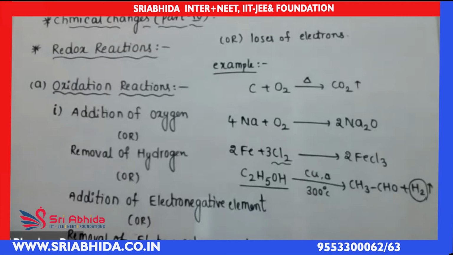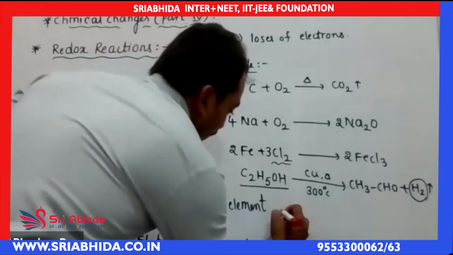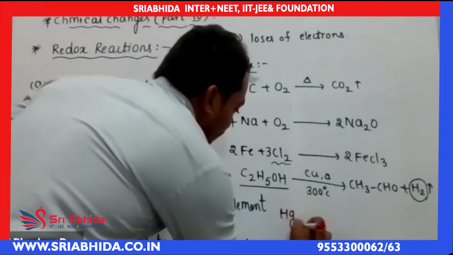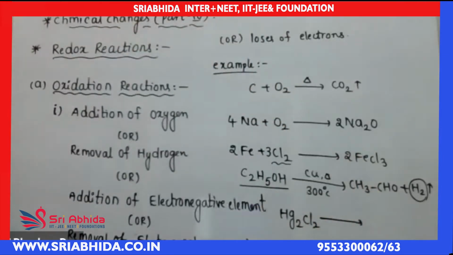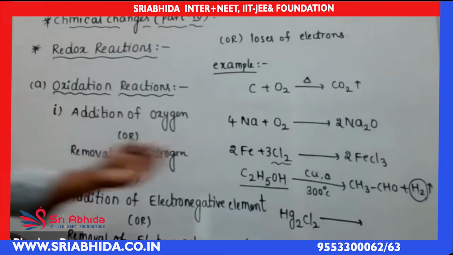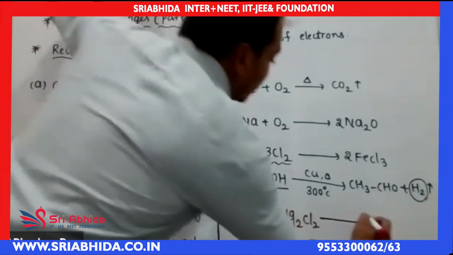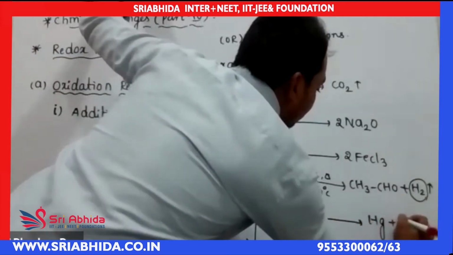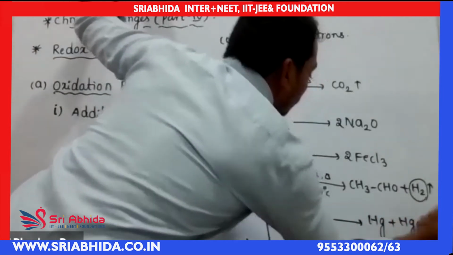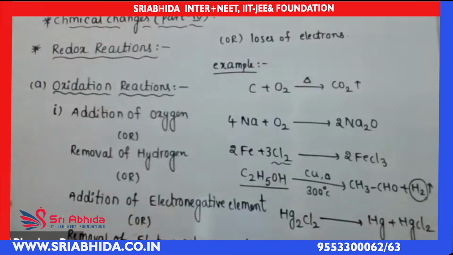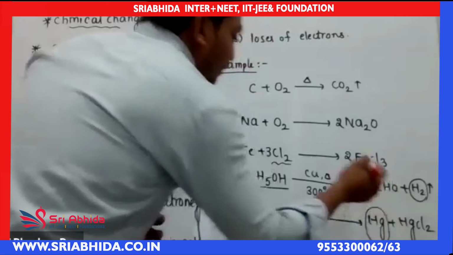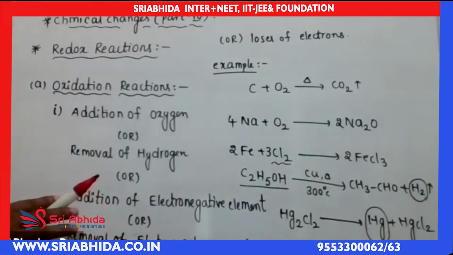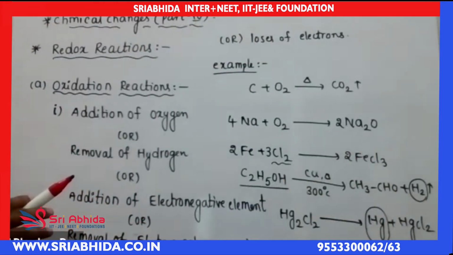So the next example, I'm taking Hg2Cl2. In this case, what happens? One mercury is removed from the given compound. It is converted into Hg plus HgCl2. So Hg is a metal, or not?